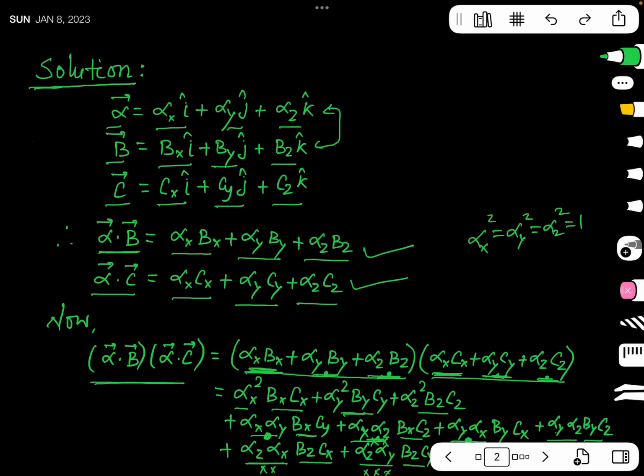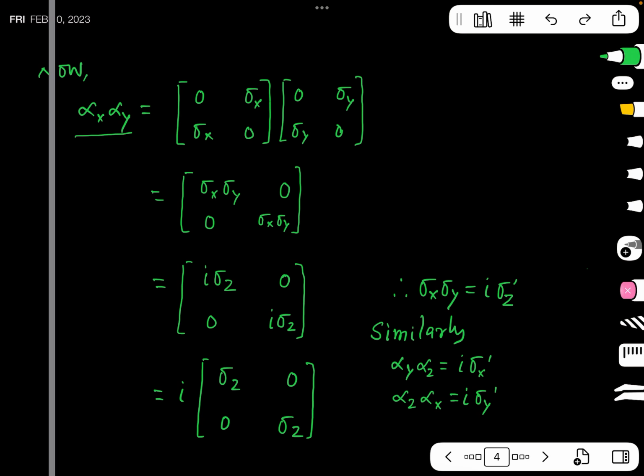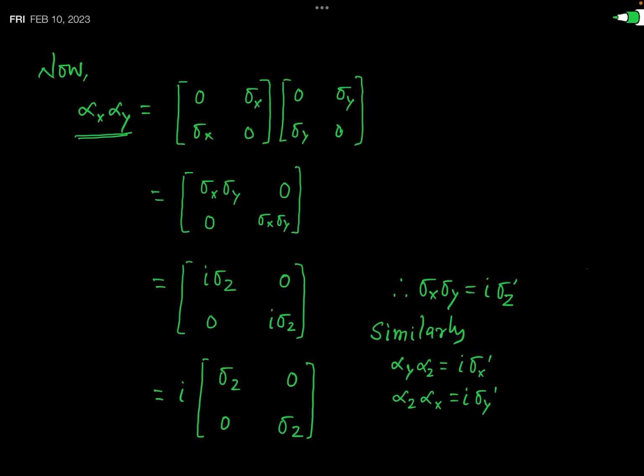So let us see what will be this alpha x alpha y. Now, according to the given condition in our problem, alpha x and alpha y are given.